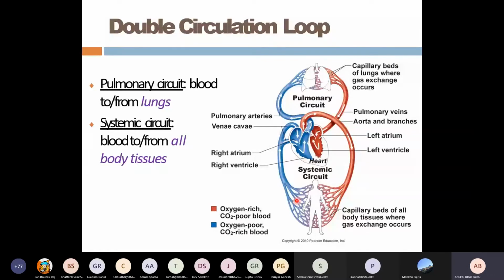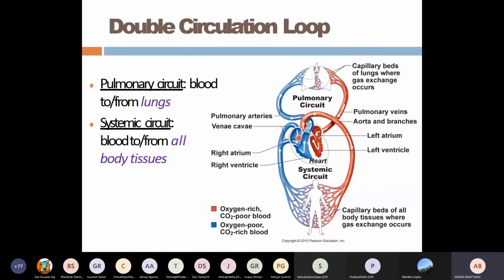And these capillaries coalesce to form venules, then small veins, and then larger veins, and ultimately via the superior and inferior vena cava, they take this deoxygenated blood to the right atrium. So from the body's tissues, carbon dioxide is taken up by the capillaries and through the larger veins, and then finally through superior and inferior vena cava, this deoxygenated blood is taken to the right atrium.